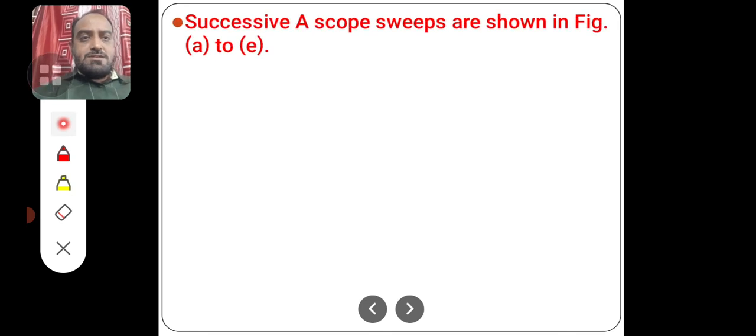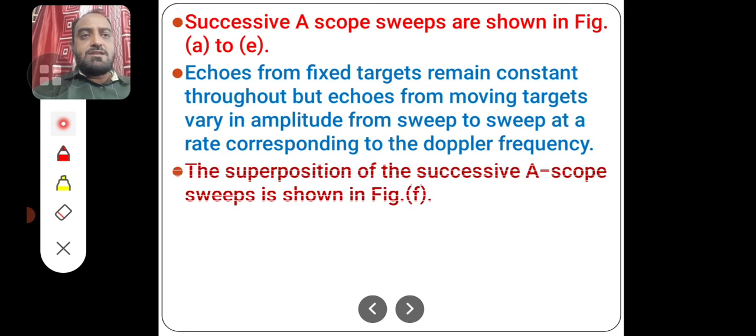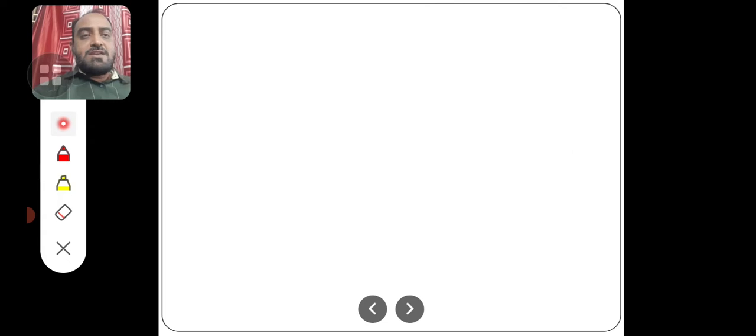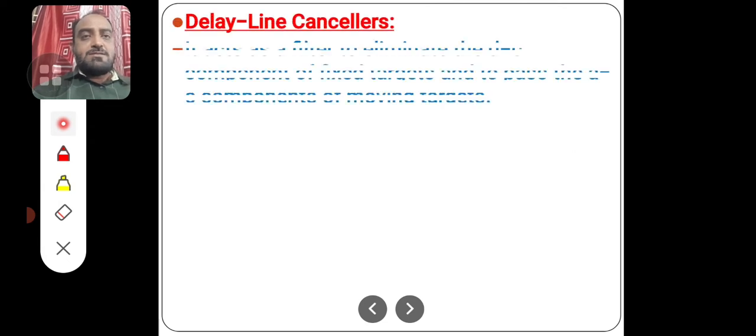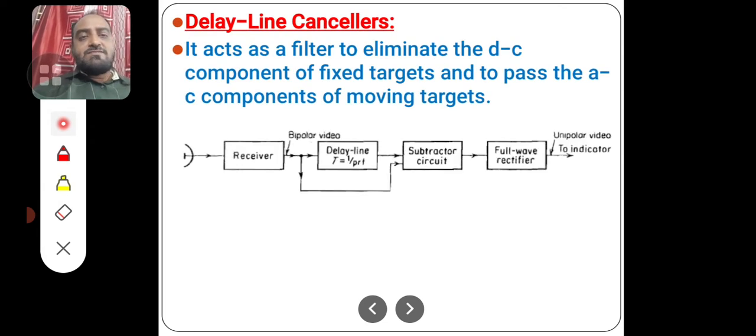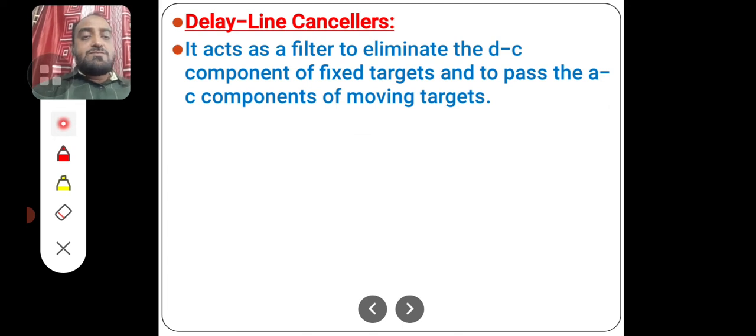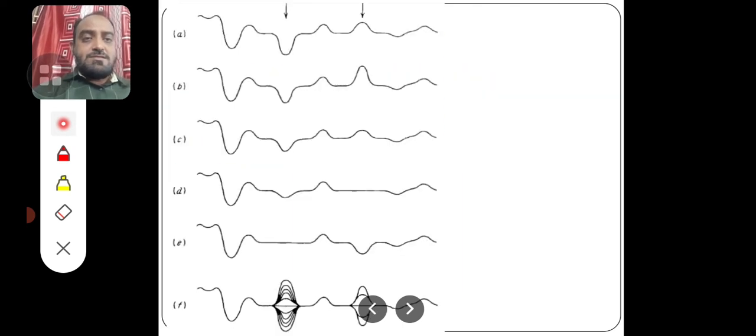So using these scans, how can we identify a moving target? The idea of these delay line cancellers is this: when you pass this sweep, for example, if this is your current scan result, in the next sweep you will get this.